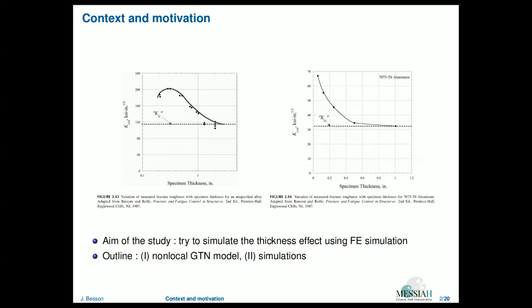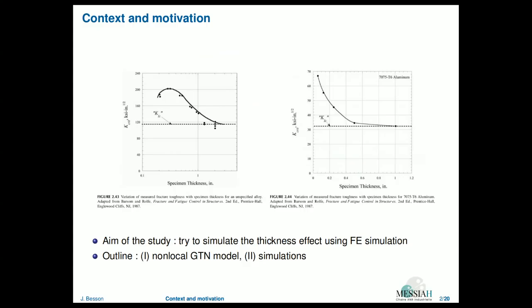So you see that apparently if the thickness is very high, you have some kind of plateau. When you reduce the thickness, it increases and then tends to decrease. So bump like that. On the right-hand side, that's an aluminum material, and it seems that it continuously increases as the thickness is decreased. So the aim of this study is fairly simple.